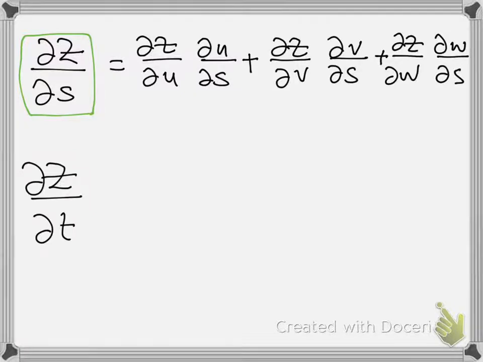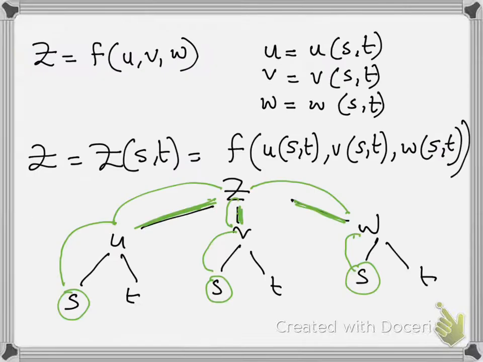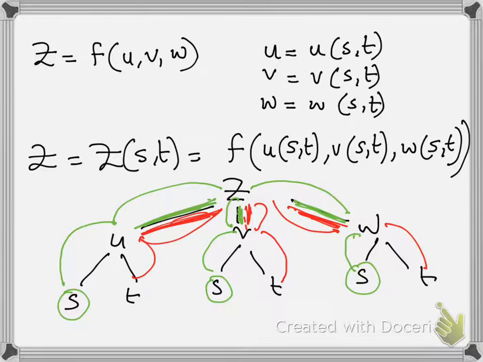Okay, now for partial z, partial t, again you want to go from z to t, and again there are three different ways. You can go through u, so that's partial z, partial u, and then partial u, partial t. You can go through v, so that's partial z, partial v, partial v, partial t. And then finally through w, so that's partial z, partial w, and then partial w, partial t.